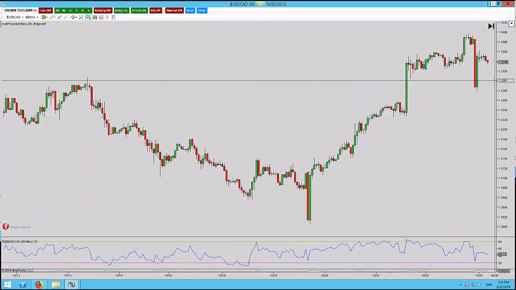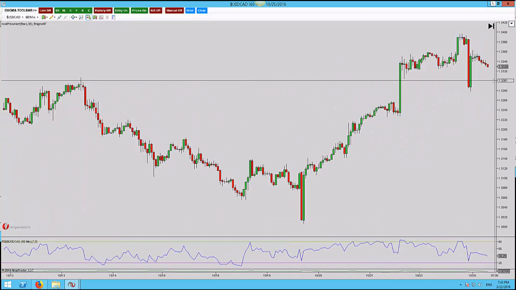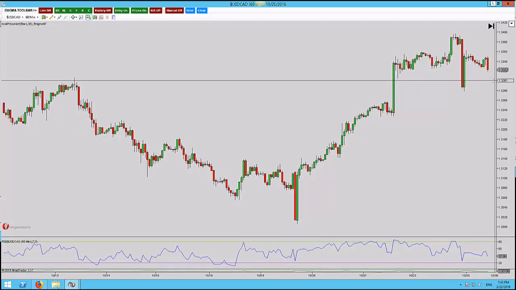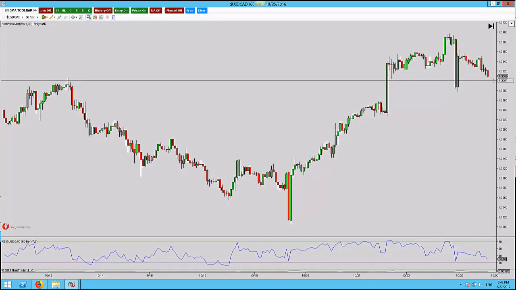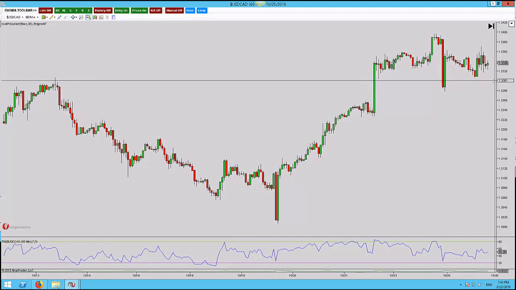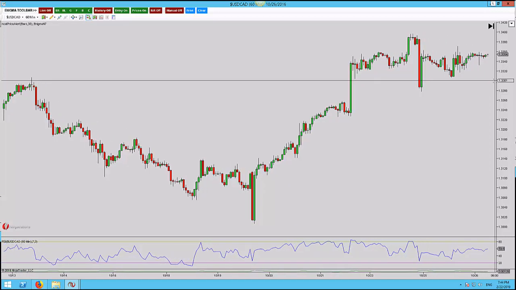Okay, instantly retraced back. I'm watching the 15 for another potential pattern. No, I'm not interested in that. Let's carry on.